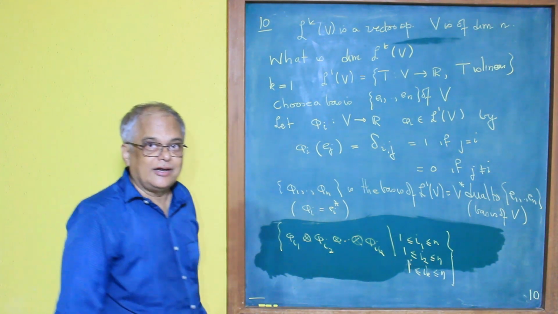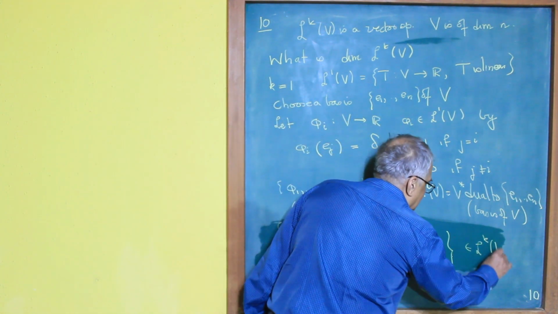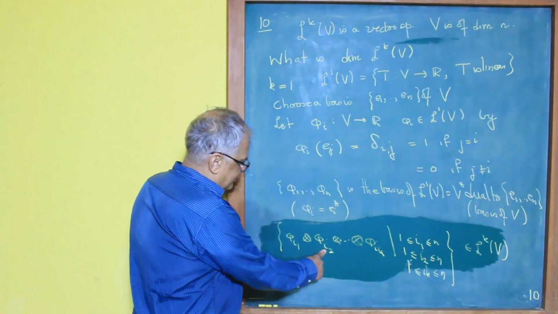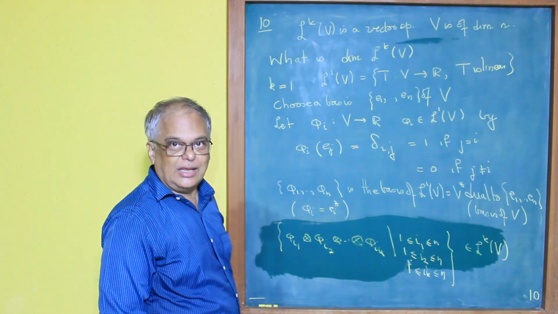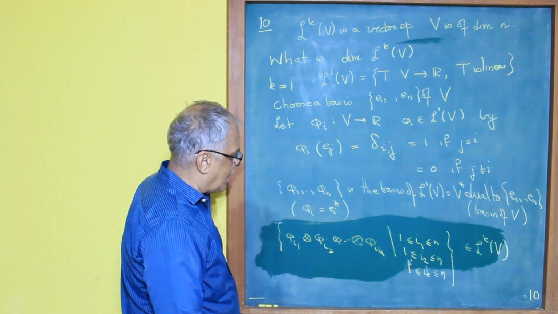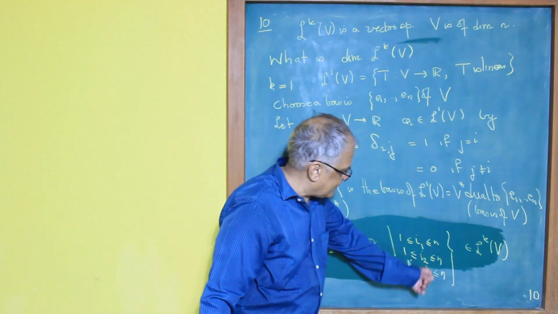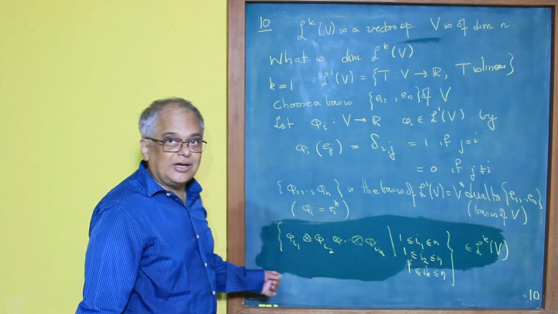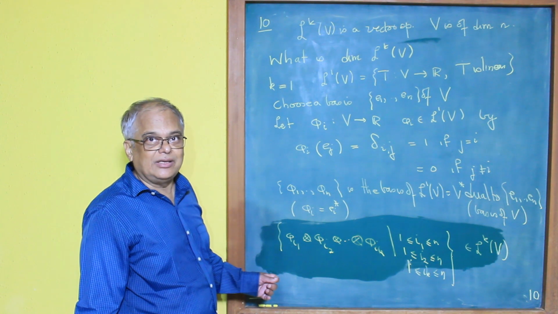Each of these elements is in L_k, which is what we had just shown, because phi_i1 is in L_1, this is in L_1, this is in L_1. The product of k of these is going to lie in L_k. How many elements are there? Each of them can take values between 1 and n. So the total number that I have here is n to the power k.